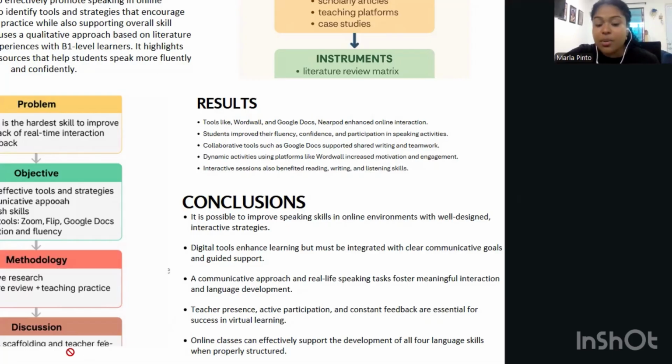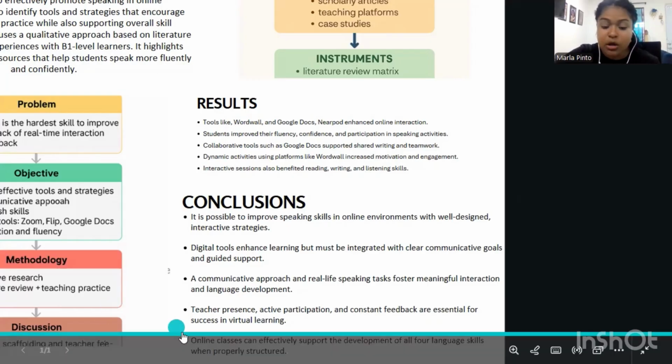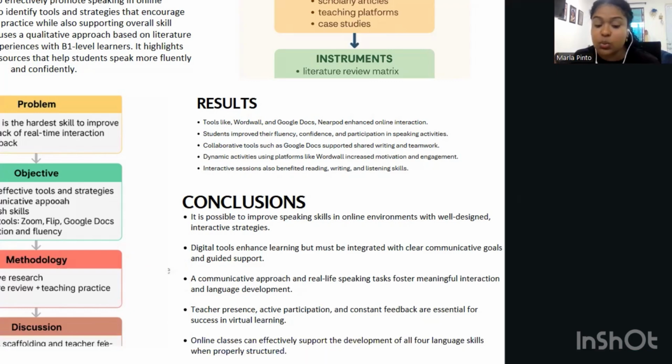And number five is that online classes can effectively support the development of all four language skills when properly structured. How is this?